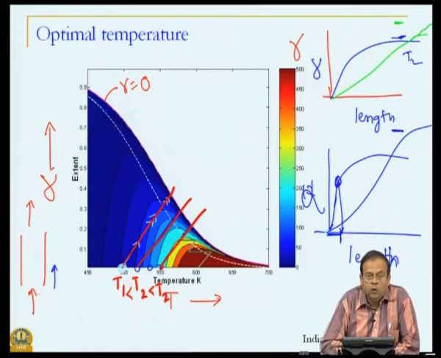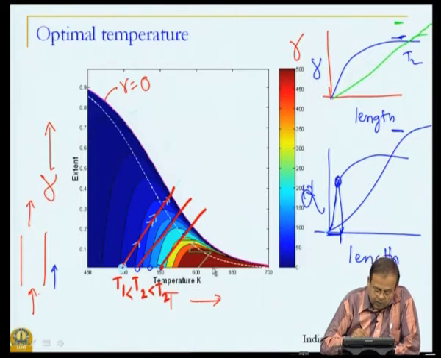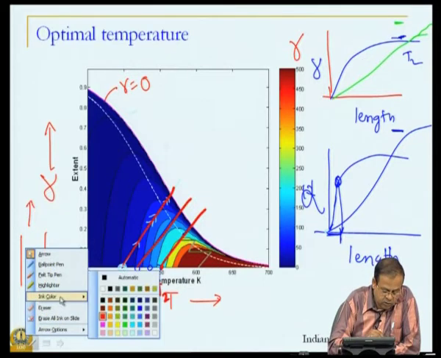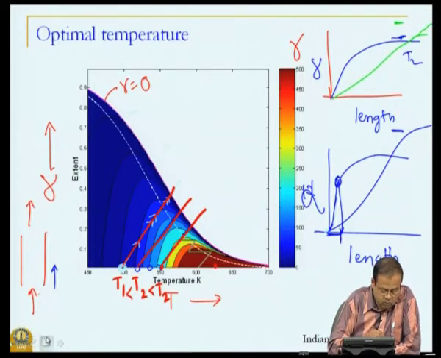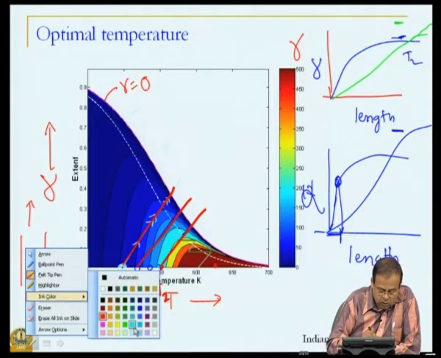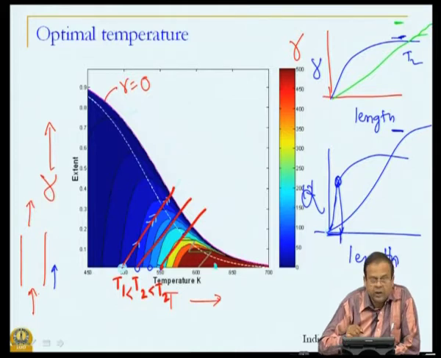One way of doing this would be to start this reaction at a high temperature, and let me choose that high temperature over here. I think it is not very visible, so let us use another color. Suppose I start my reaction over here, I am away from equilibrium.